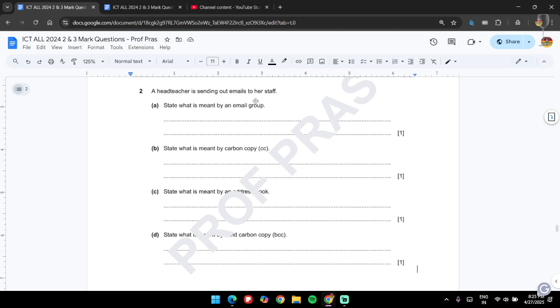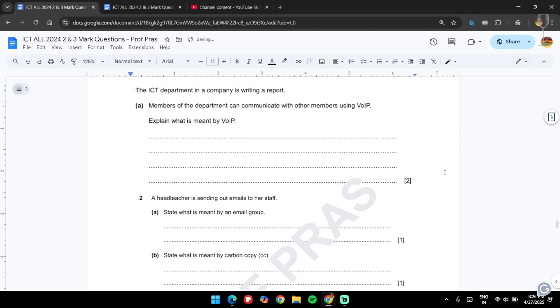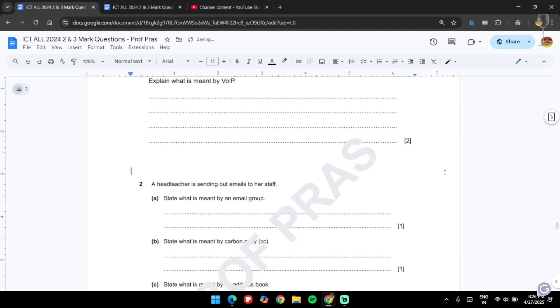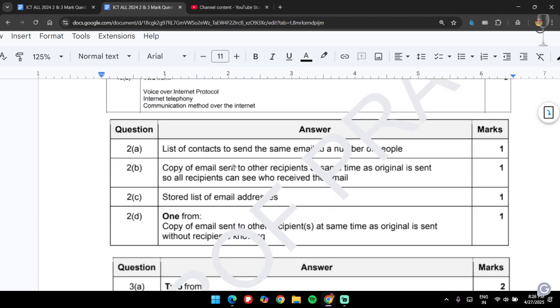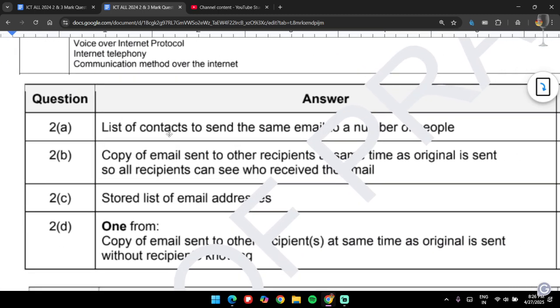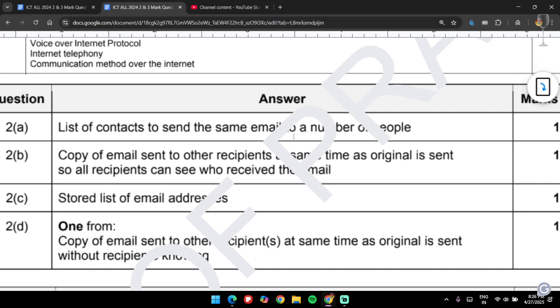A head teacher is sending out emails to her staff. Explain what is meant by email group, CC, address book, and BCC, blind carbon copy. An email group is a list of contacts to send the email to a number of people.